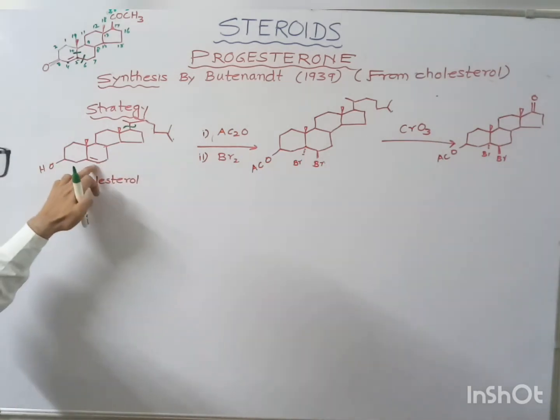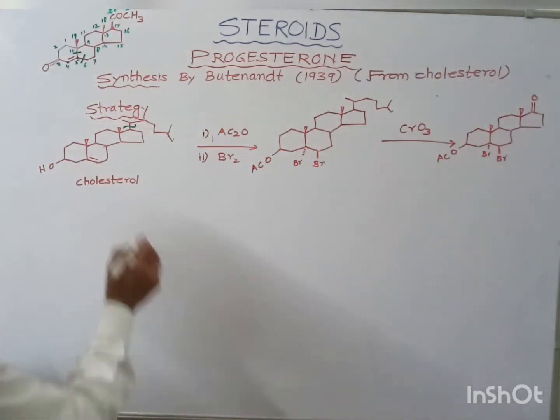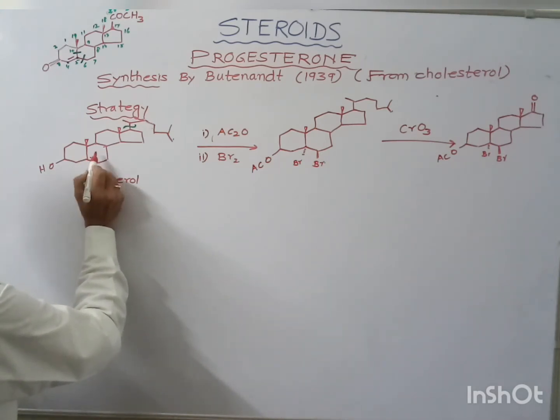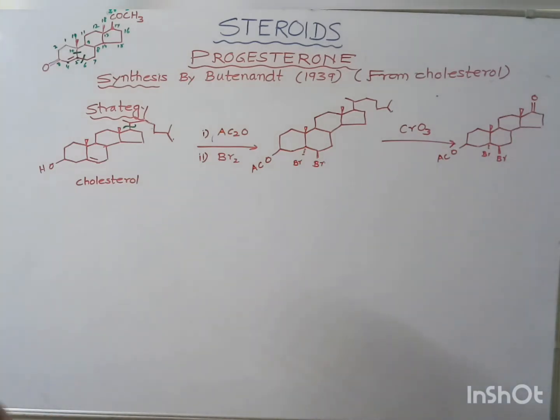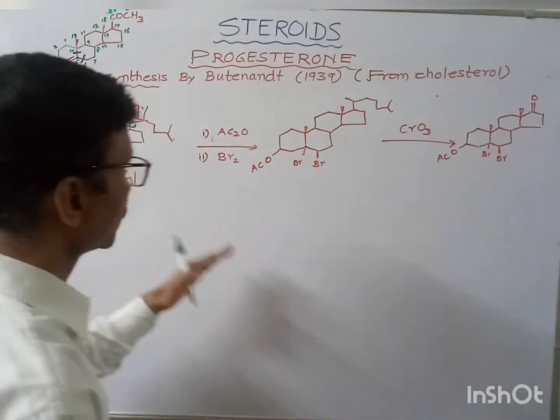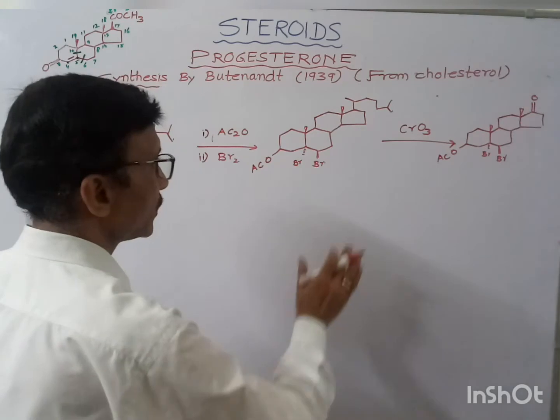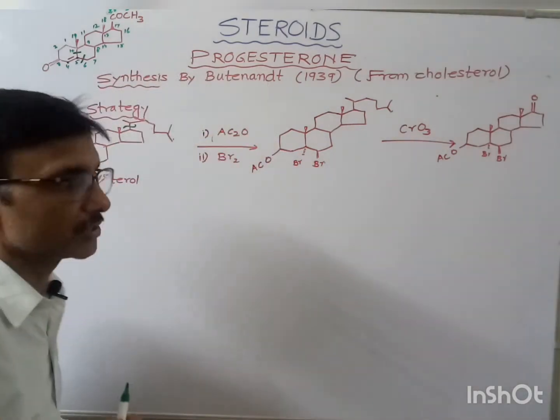This double bond, in the presence of chromium oxide, may break from here to convert into keto, and this may also be converted into keto. So that's why we have done the protection first.